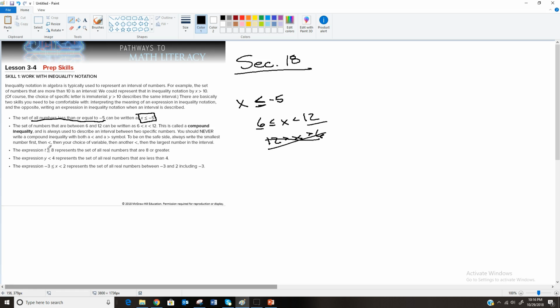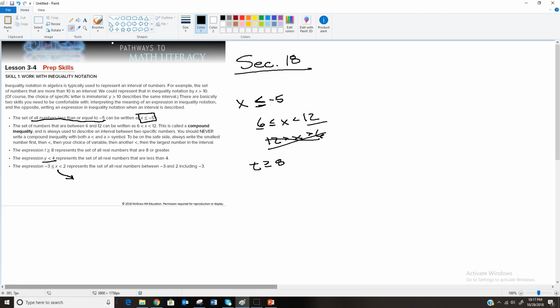The expression t is greater than or equal to 8 means we're going to start at 8, and then we want the set of numbers that are equal to 8 or bigger. This would mean y less than 4 means we want to stay less than 4, which means we could go all the way up to 3.9 whatever, as long as we didn't get up to actually 4. And then this is kind of like I was talking about here.